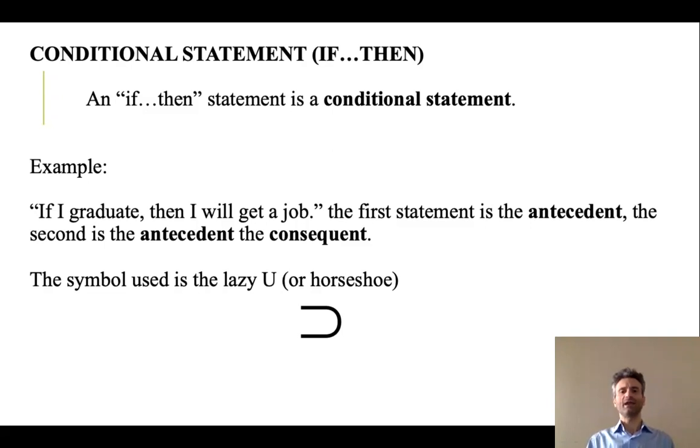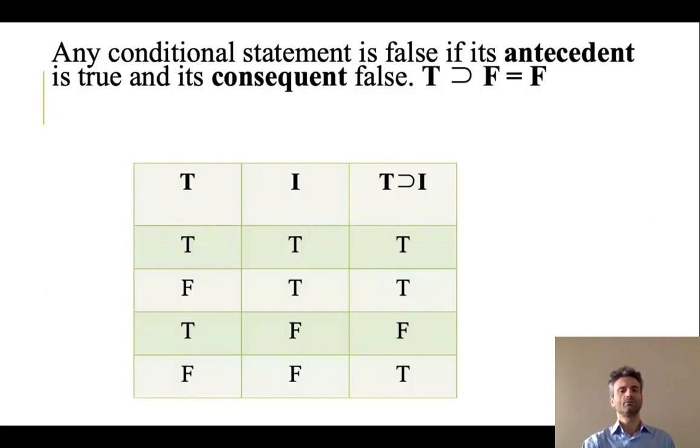So if the antecedent is true, the consequent must be true. Otherwise, the compound statement is false. In any other combination, true and true, false and true, false and false, the compound statement is true. Okay?